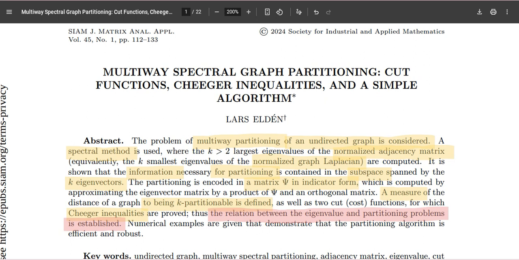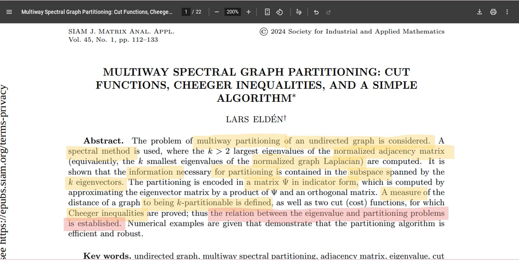The crux of the spectral method for k greater than 2, or k maybe 2, partitioning of an undirected graph is using eigenvalues of the normalized adjacency matrix, which we will be seeing in a later part of this paper.